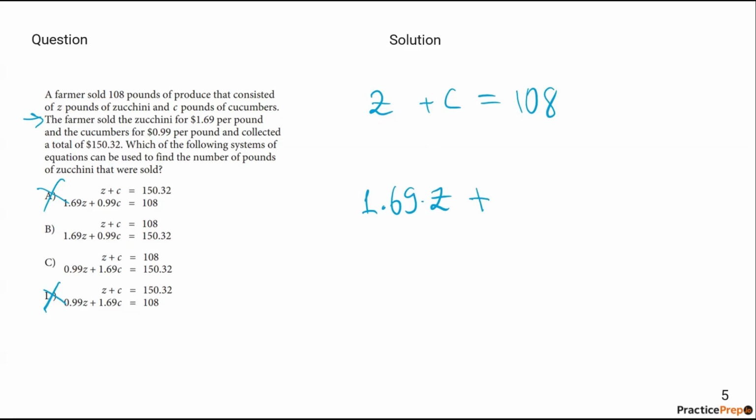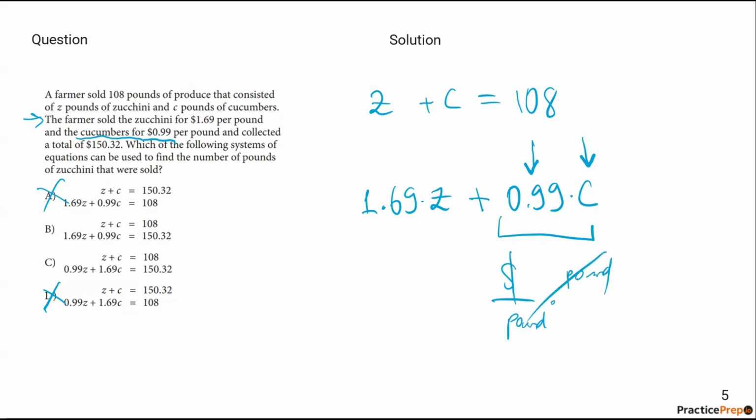Then we had a plus because he also sold a certain amount of cucumbers, and they also have a price. The cucumbers were 99 cents per pound. So we don't know how many pounds he sold, but we're going to write 0.99 times C. And that is going to give us, well, if we have a price per pound and we multiply it by pounds, dollars per pound multiplied by pounds, then the pounds go away.